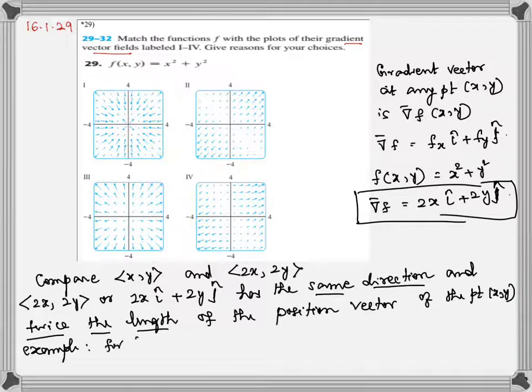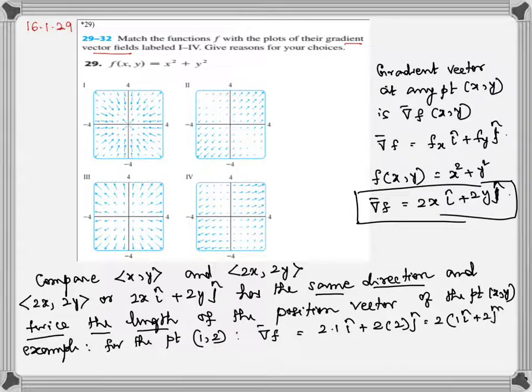So if you take an example, let's say we take the point 1, 2. Then the gradient at that point 1, 2 would be 2 times x, 1 i, plus 2 times y, j, which is 2 times 1 i plus 2 j.